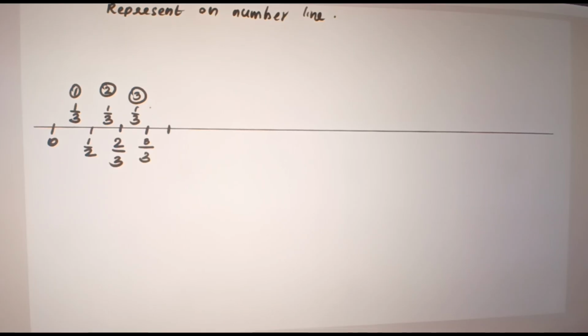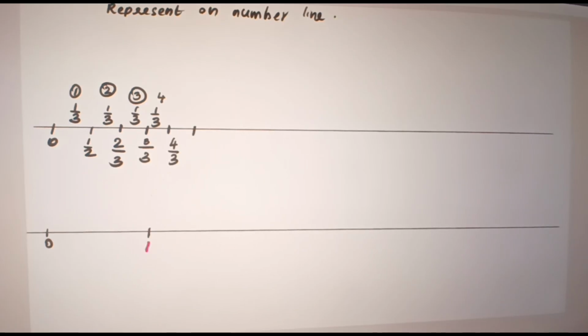If you add another 1/3, that is 4 over 3. Three 1/3s make a whole, and if you add another 1/3, how do you write that in mixed form? 1 whole and a 1/3. So 4 over 3 is 1 whole and a 1/3.